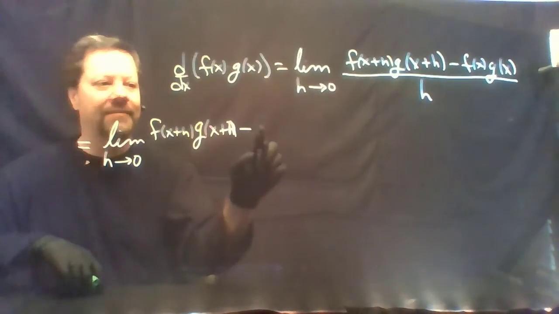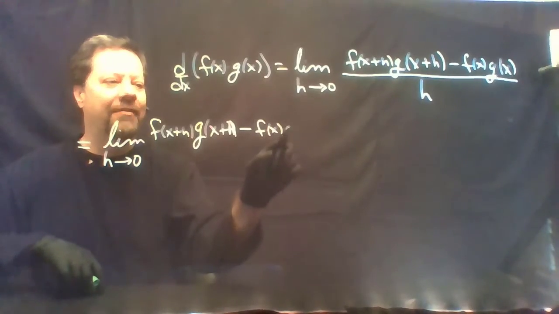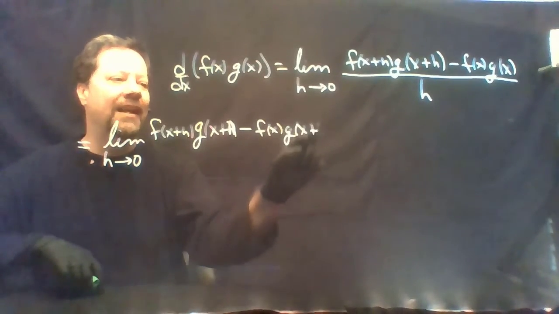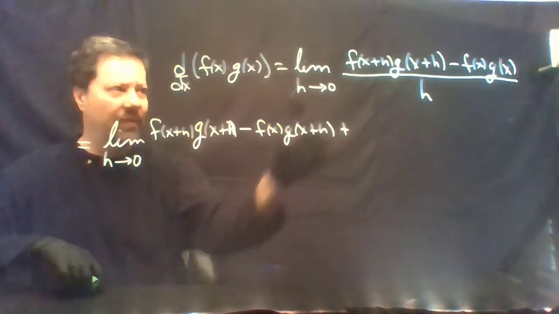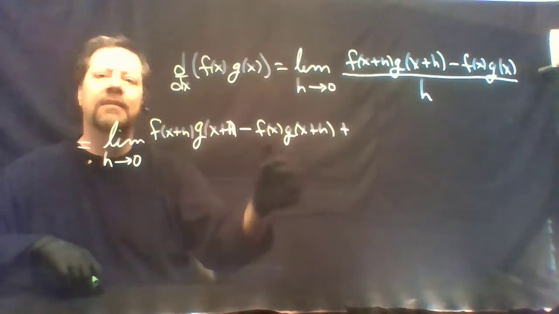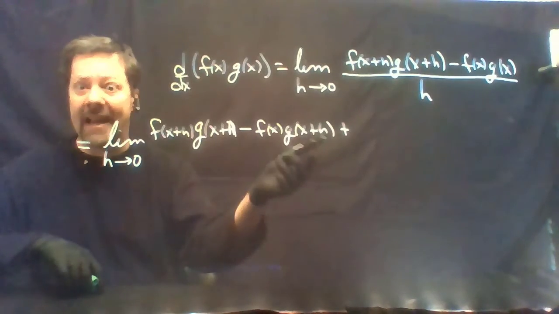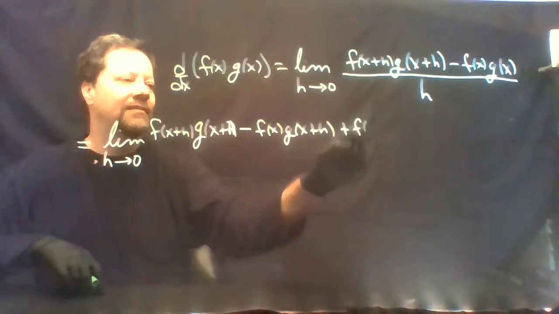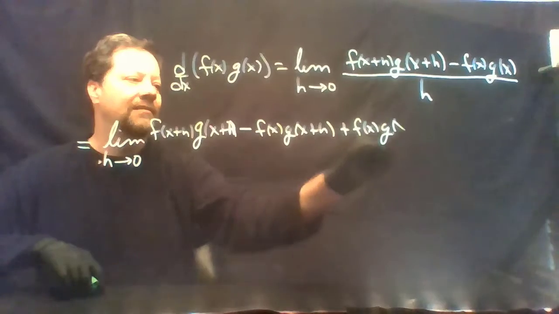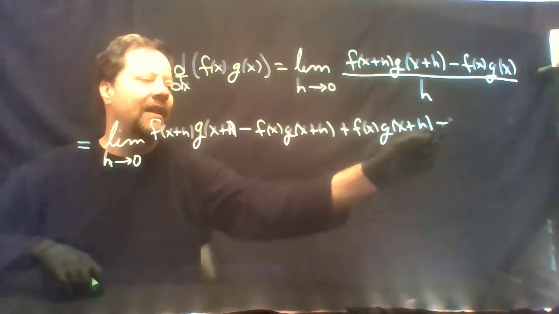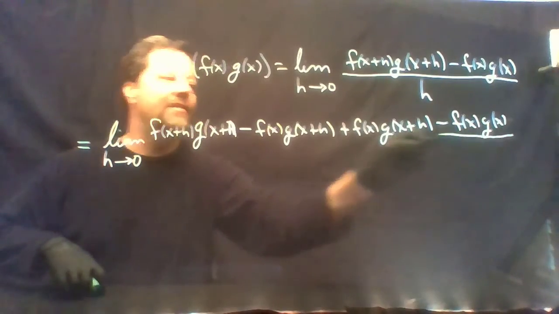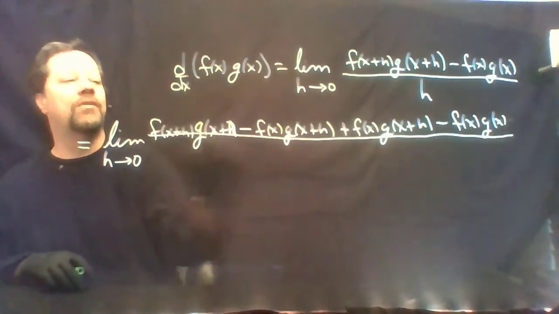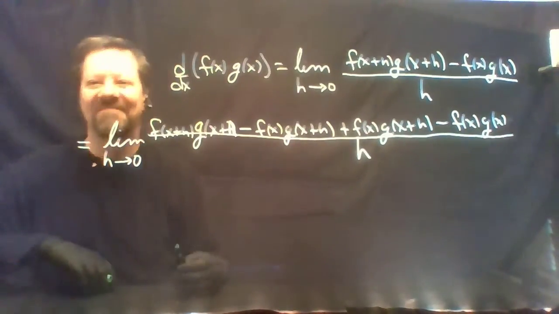Now here's the trick. f of x, g of x plus h, which is something new that didn't appear above. To maintain equality, I better add it back. And we still have minus f of x, g of x, and it's still all over h.